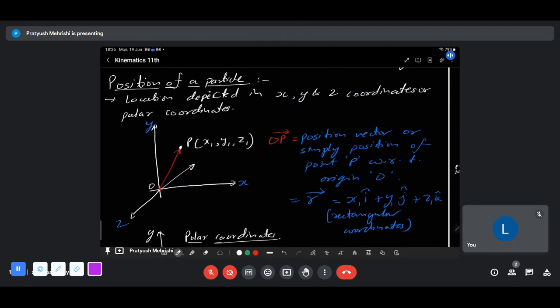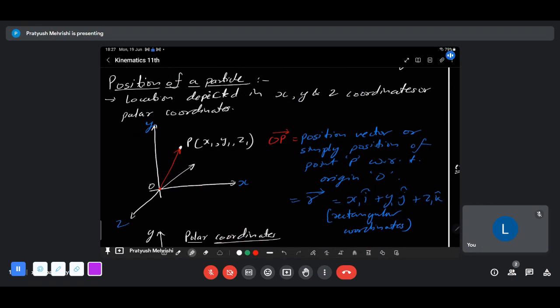These are the Cartesian coordinates: x-axis, y-axis, and this z-axis. Any point P which is situated here at x1, y1, and z1, its position vector, or simply the position of point P with respect to origin, this is the location.